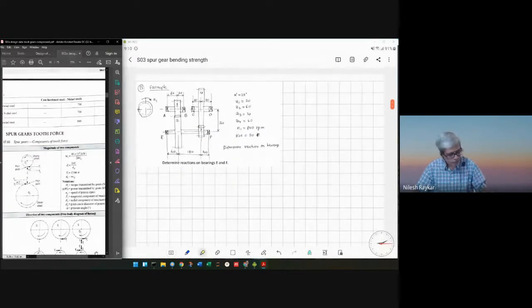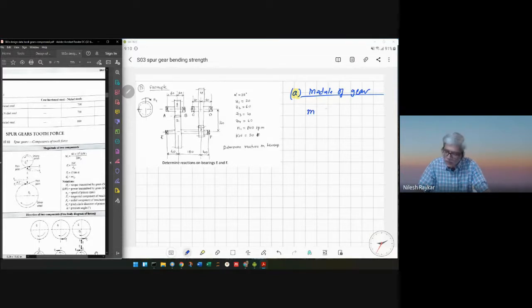So this is the figure. So the first part is to calculate the module or the dimensions. So module of gear. So all gears will have obviously same module.